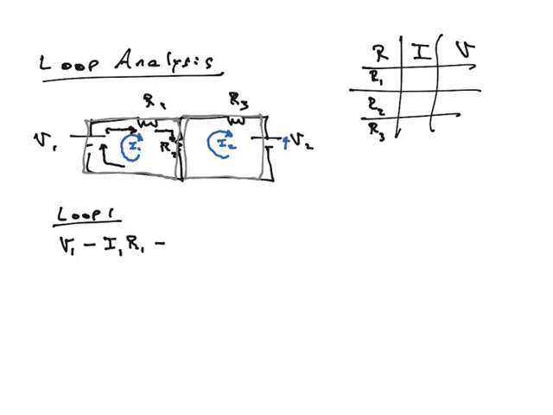However, notice that I1 flowing in the clockwise direction, when it gets to R2, is going downwards. Whereas for I2 in the right loop, if I follow it going clockwise again, when it gets to this branch, it's flowing upwards. So these two currents go opposite to each other, so they're going to interact.